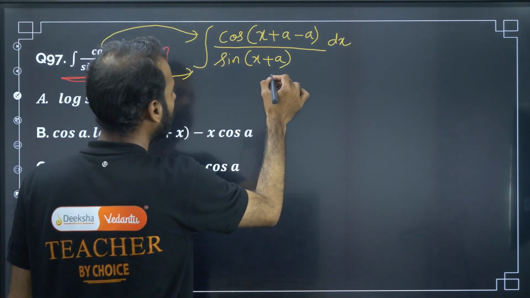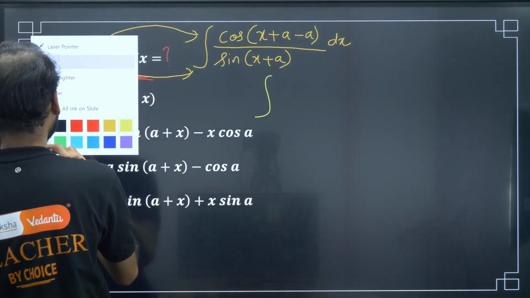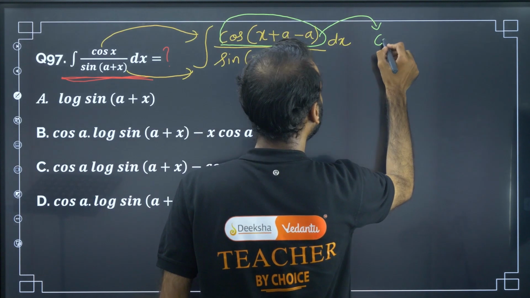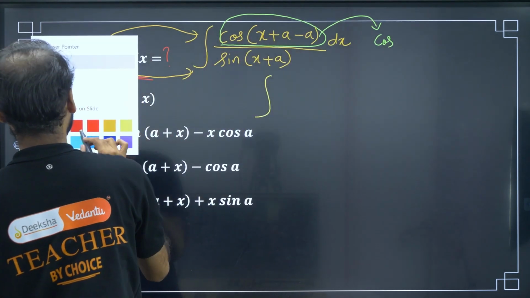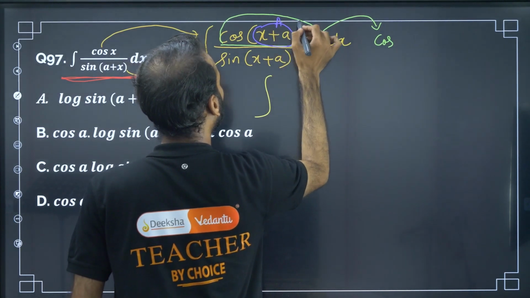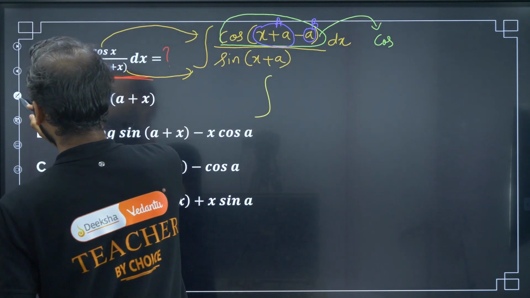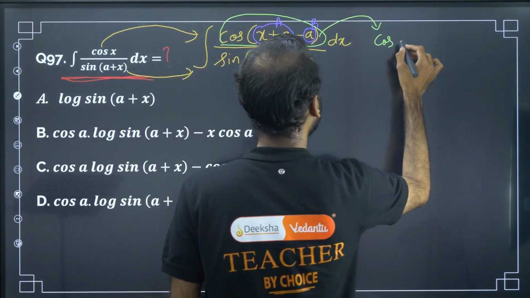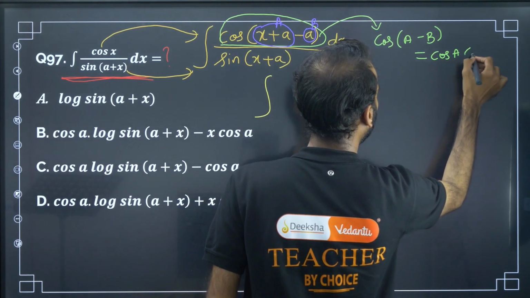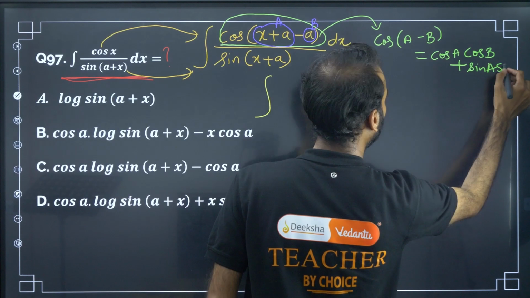Now how to integrate this? Integration of cos of a minus b. Try to recall the cos a minus b formula. Now this has been converted in the form of cos a minus b, so I will write this as a and this as b. Cos a minus b is equal to cos a cos b plus sin a sin b.